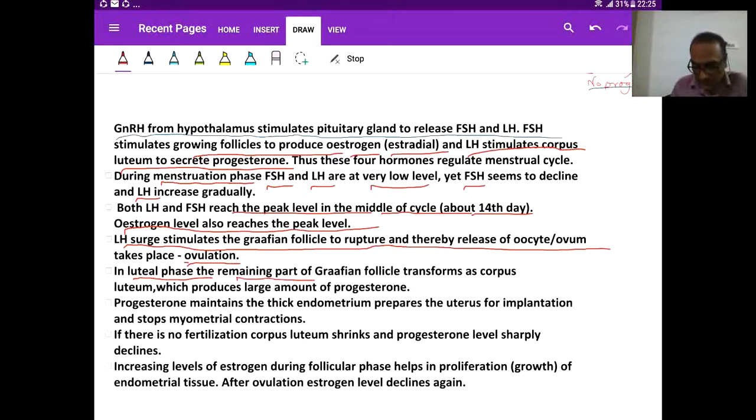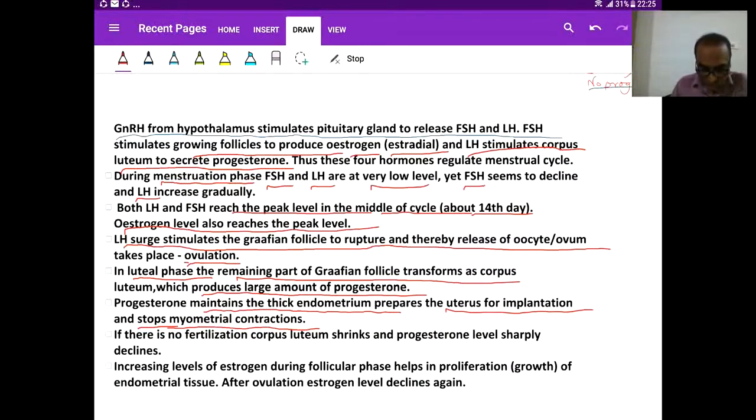Now the luteal phase, if we take up, the remaining part of the Graafian follicle gets transformed into the corpus luteum, as we have studied, and a large amount of progesterone is being released. Progesterone maintains the thick endometrium and prepares the uterus for implantation or attachment of the embryo, and the myometrium becomes static, stops the myometrial contractions.